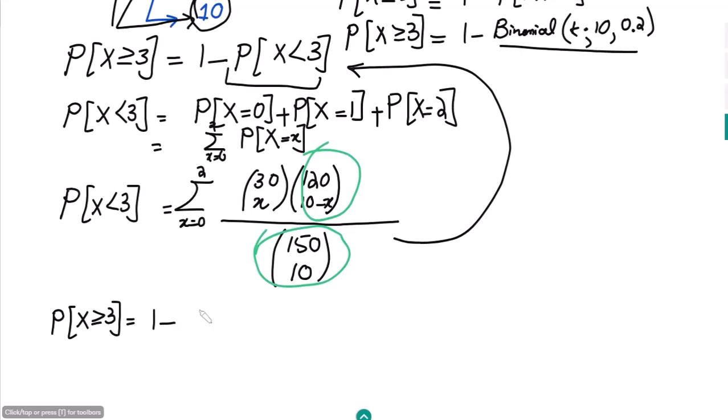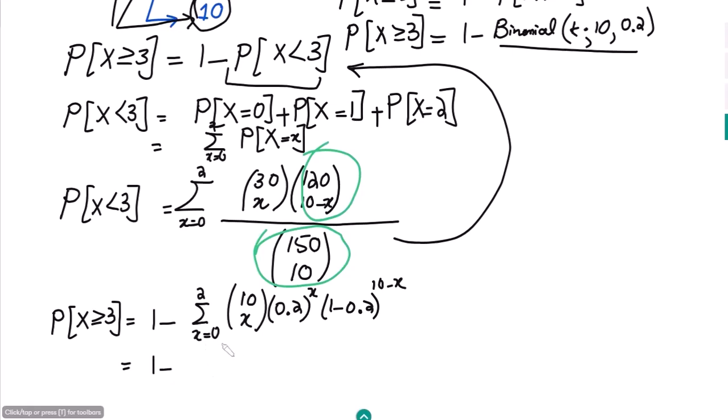Writing it here, it is the sum for x equal to 0 up to 2 of 10 choose x, times 0.2 to the power x, times 1 minus 0.2 to the power 10 minus x. Let me write these values.